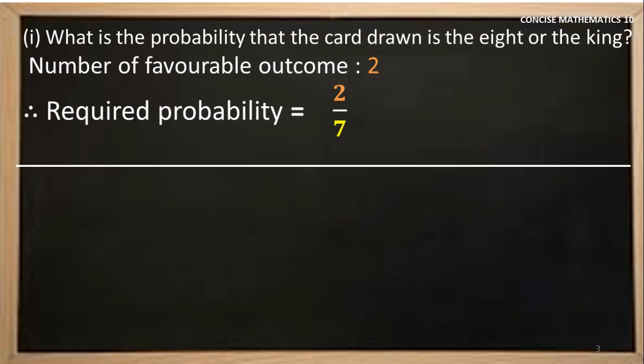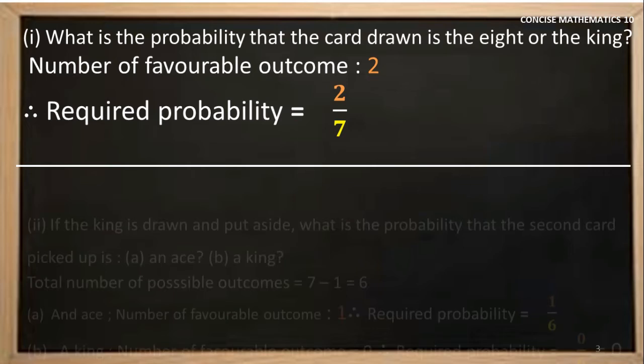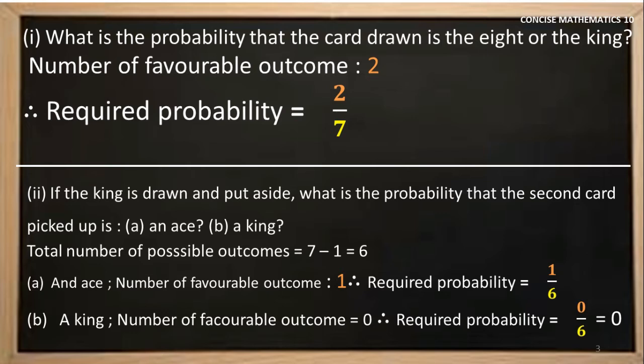So out of 7 cards, if king is removed, then what is the probability that the second card picked up is an ace? Now we had 7 cards, king is drawn and removed, hence the total number of cards is 6. Among the 6, how many are ace? It is only 1 card, that is equal to 1 by 6.